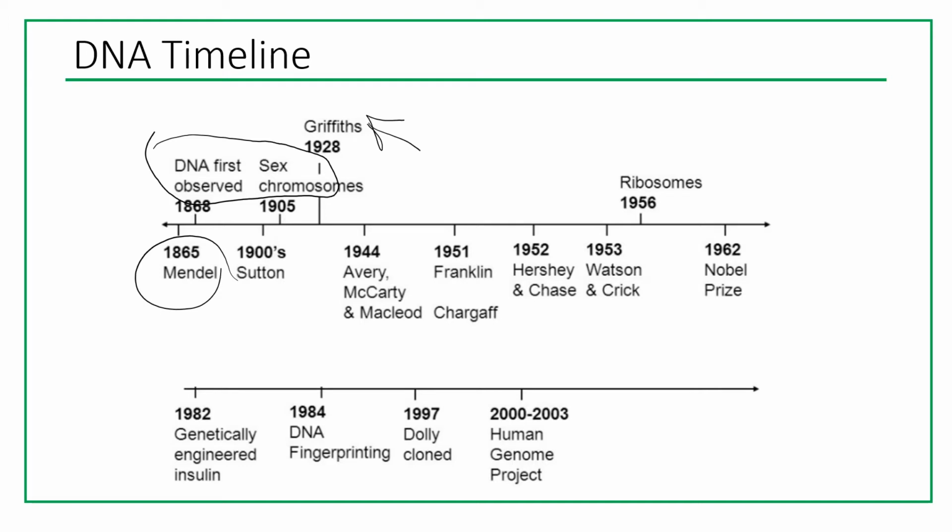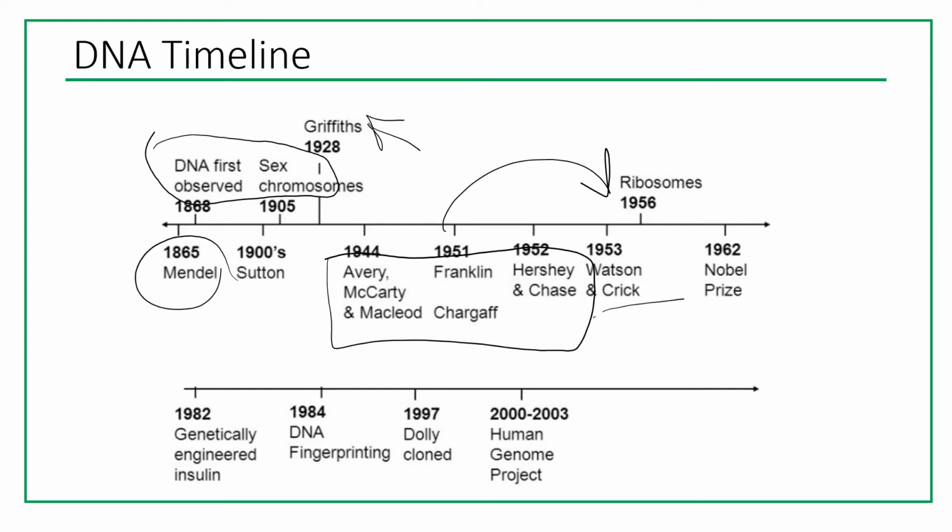So it took many other experiments over here, Avery, McCarty, Franklin, actually Franklin more to this point, but Hershey and Chase. What this experiment proved is that the molecule that Griffith described in his experiments was DNA.